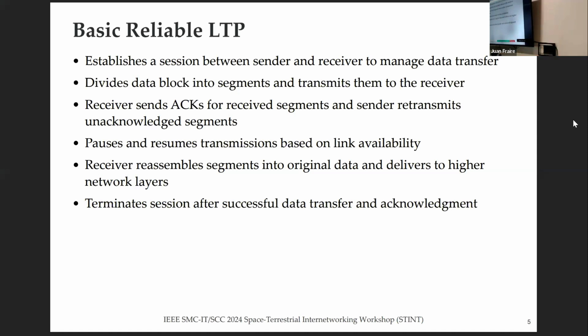Nothing, of course, guarantees that everything will get through during the second attempt, so we may get back another acknowledgement saying that something was not received, so we will have to send again, and so on. This process will continue many times until the whole block gets to the other end. As a result, we're going to have reliably transmitted a block to the receiver.